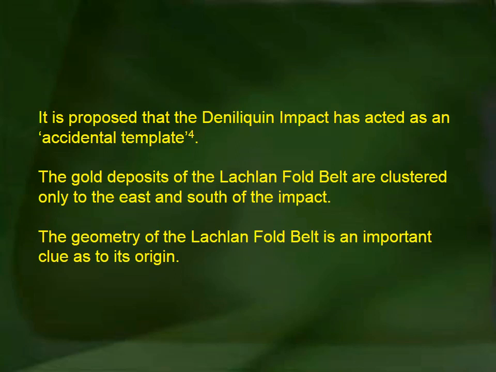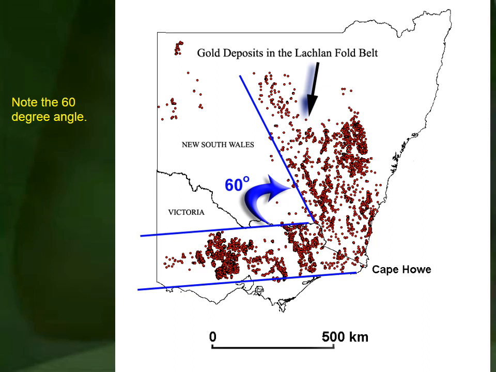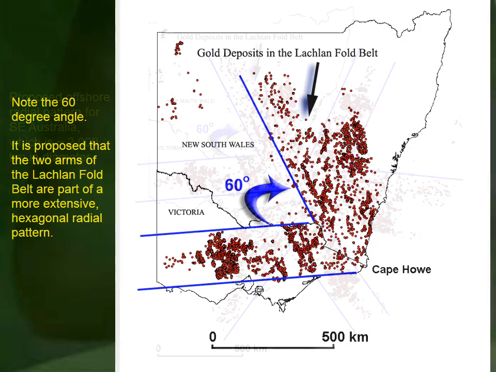The very geometry of the Lachlan Fold Belt is an important clue as to its origin. It is proposed that this 60-degree angle is between two arms of a much more extensive hexagonal radial pattern.